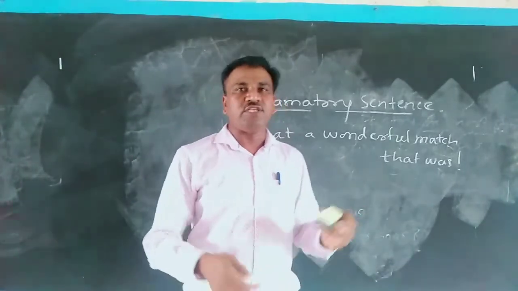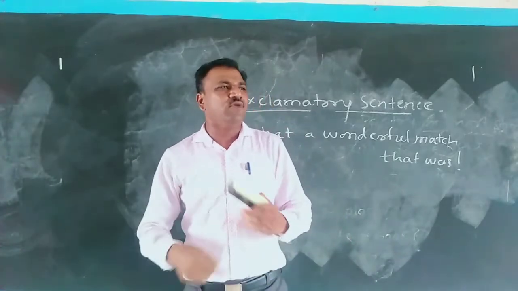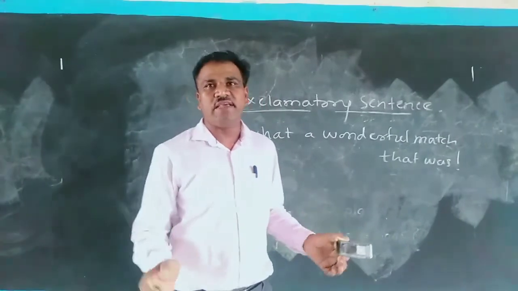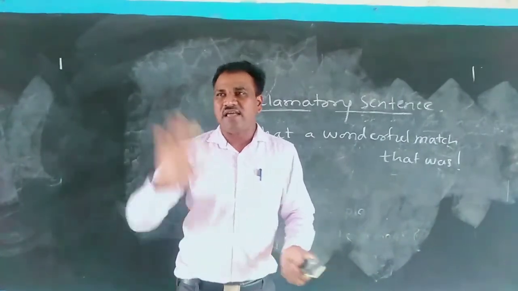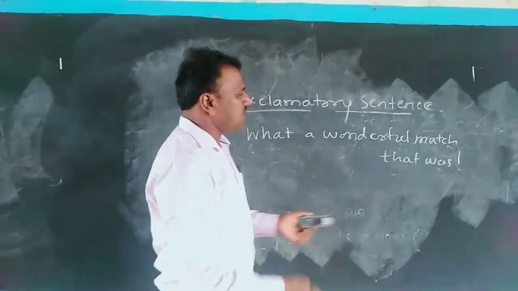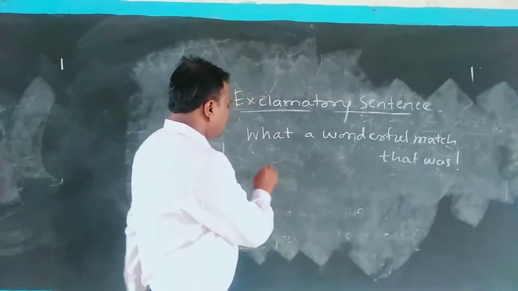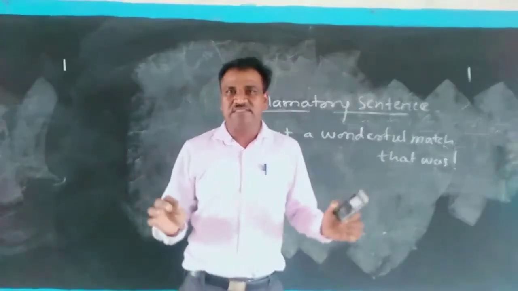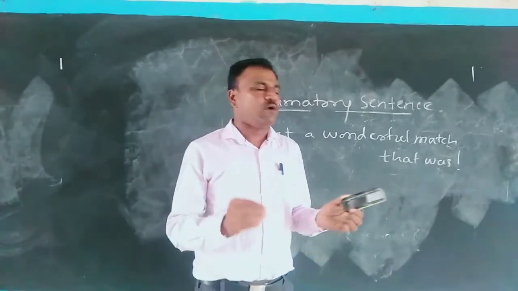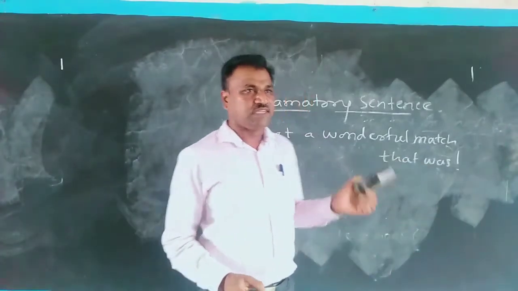And when we greet each other in the morning, at that time we say good morning. Here you express your own emotions or your surprise. Good morning, hello, hi Rahul, hi Sanjay, in this way. There we have to give the exclamatory sign after that because you express your own emotions. And at the end of the day, we say thanks or good day, have a good day, bye. At that time also, you have to put an exclamatory sign at the end of the sentence.